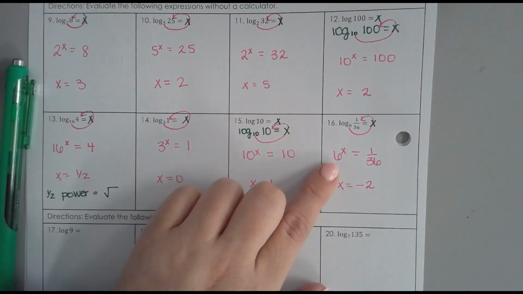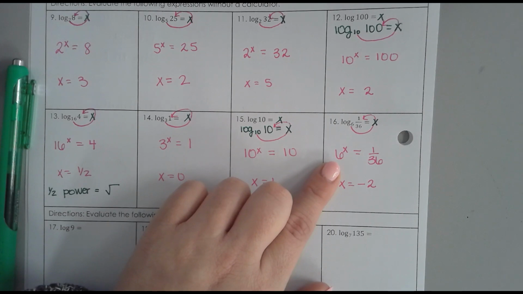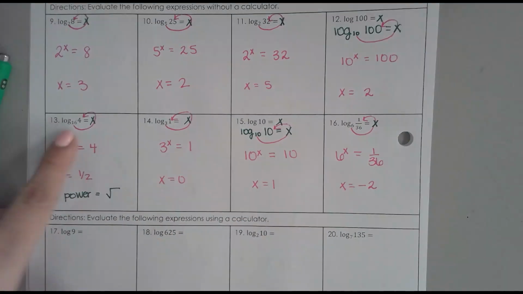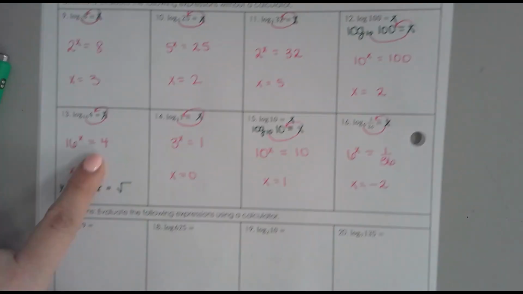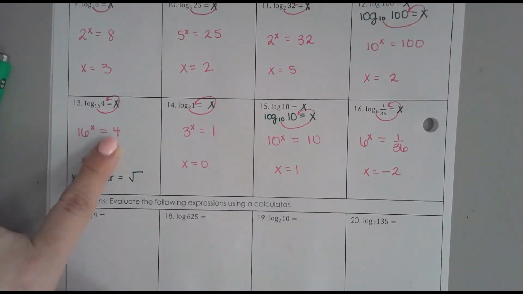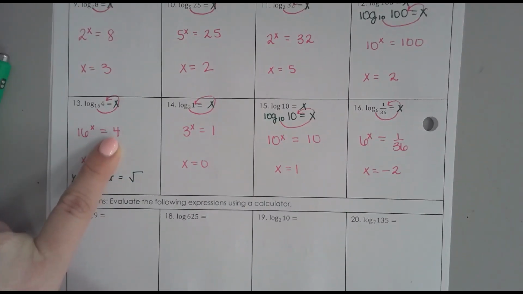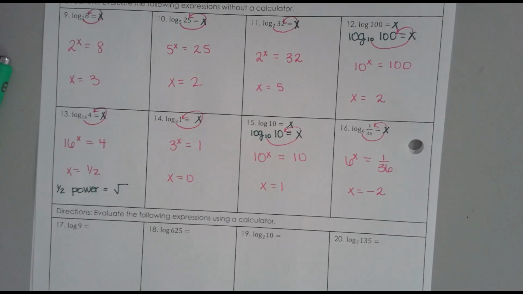So 6 to the positive 2 is 36. I have 2 to the third power, that's 8. Negative third is 1 over 8. And it works here like this. 1 over 4, I would have had a negative 1/2.